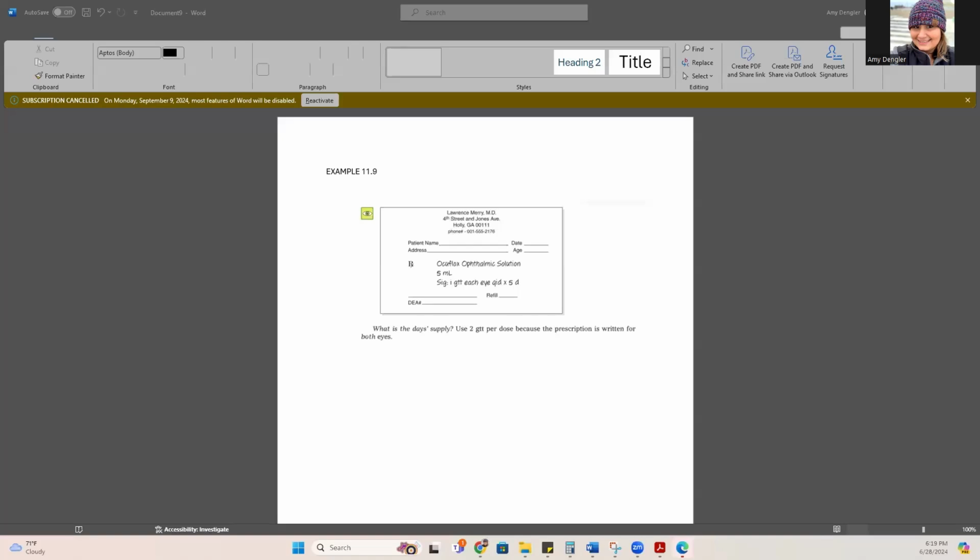And what is the day supply? Use 2 drops per dose because the prescription is written for both eyes.